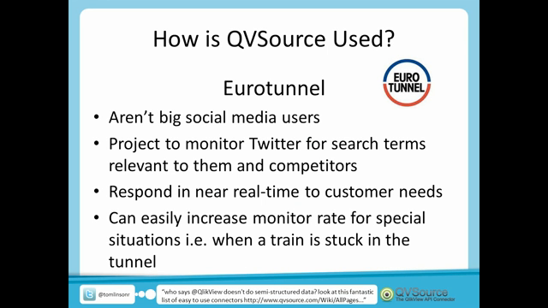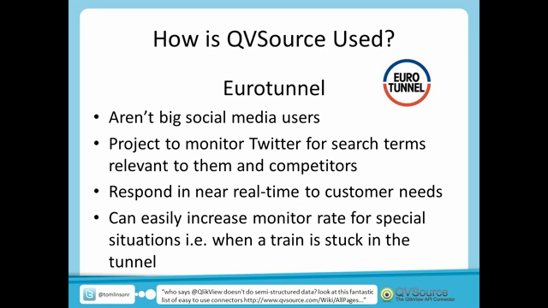They're also able to respond in real time to their customers. For example, someone might tweet that the train's broken down and they've been stuck for 2 hours and haven't been offered a drink, or there's a problem with the heating, and they can send a message to the train and then respond.